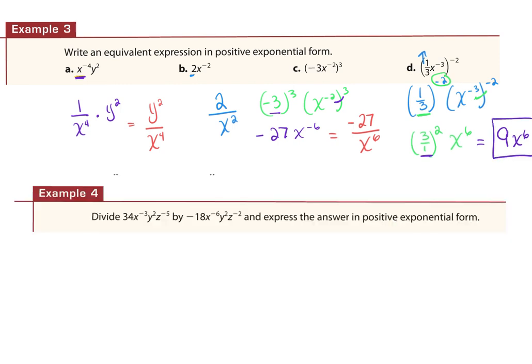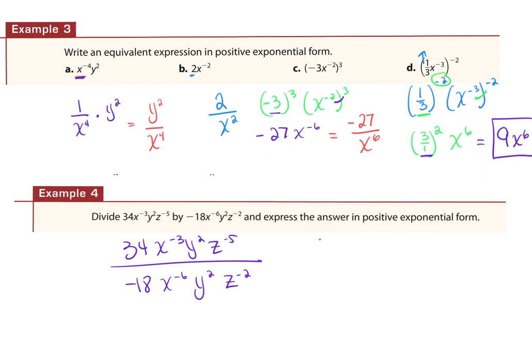All right. So when it says divide, I'm going to take piece over piece, okay? Normally you're going to see it written like this: 34 x to the negative 3, y squared, z to the negative 5th, over negative 18, x to the negative 6, y squared, z to the negative 2nd. You're going to see it written just like that, okay?